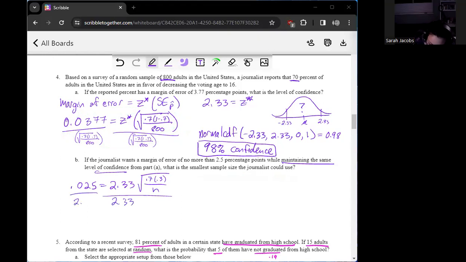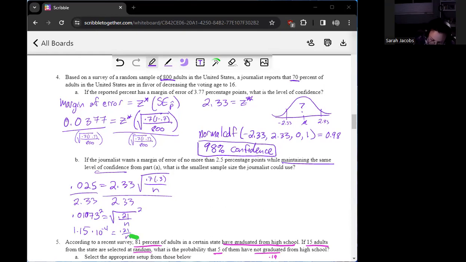I'm going to divide both sides by 2.33, 0.025 divided by 2.33, and we get 0.01073 equals the root of 0.21 over n. Square both sides to undo the square root. And we get 1.15 times 10 to the negative 4th equals 0.21 over n.